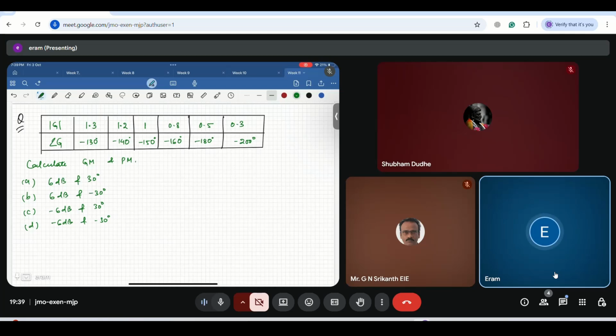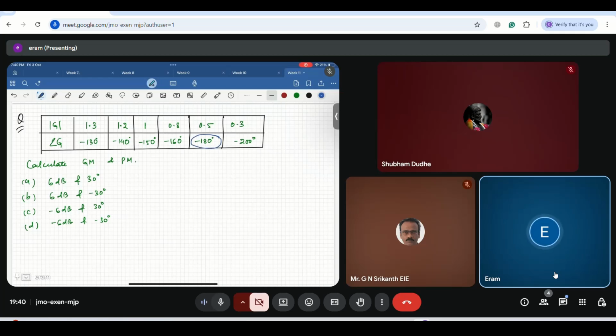Okay, so first we have to look for the phase crossover frequency, but the frequency is not given to us. Instead, we are given the magnitude and phases. So the phase of interest for gain margin is at the phase crossover frequency, the frequency at which phase is minus 180 degrees. So by looking at this table, we have a phase of minus 180 degrees given to us.